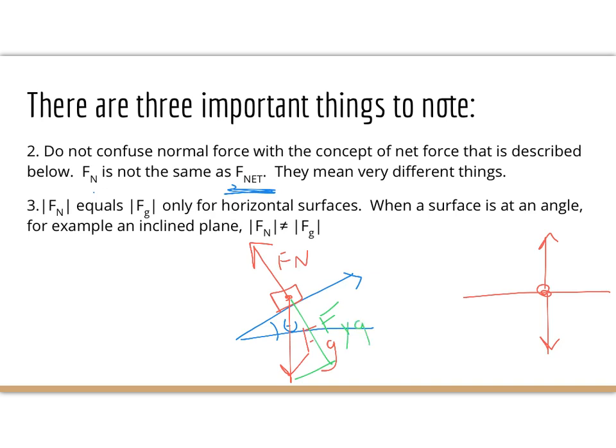Fy of g and Fx of g is what I would have to solve for to be able to add the two in the exact same plane here. So Fn and Fg are equal when they are on a horizontal surface. When they're on an inclined plane, we have to be cautious of saying that.